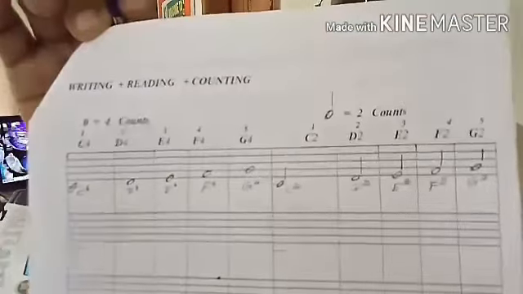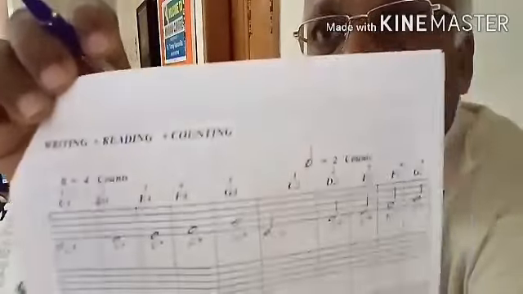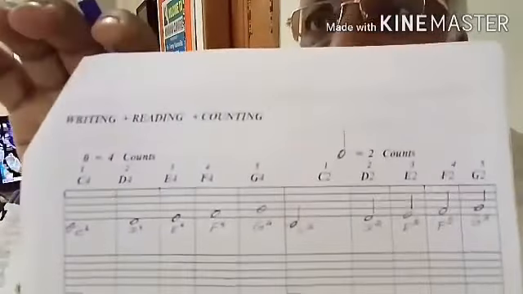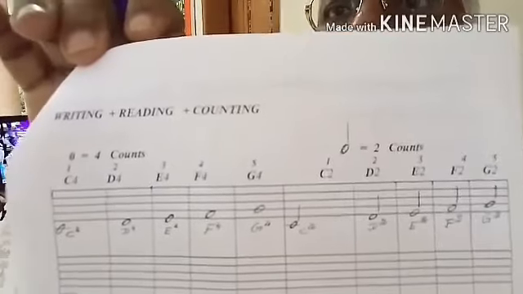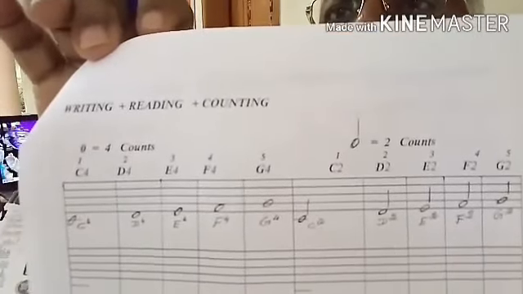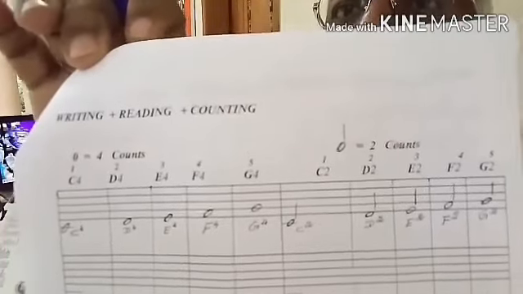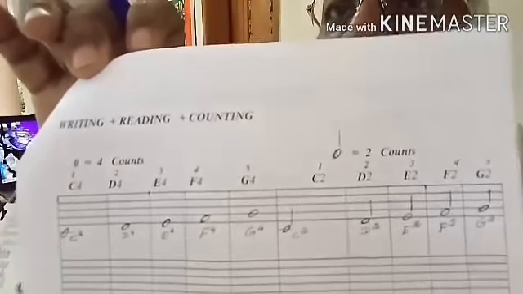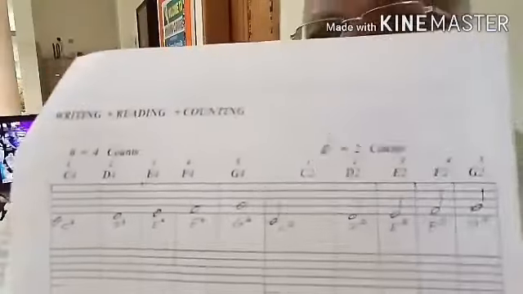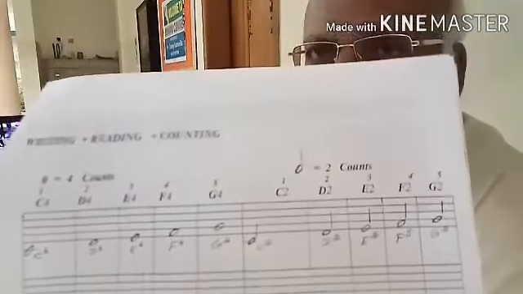And as you write, it is good to remind yourself that you are supposed to play C with the first finger, 4 counts, D with the second finger, 4 counts, E with the third finger, 4 counts, F with the fourth finger, 4 counts, and G with the fifth finger, 4 counts.